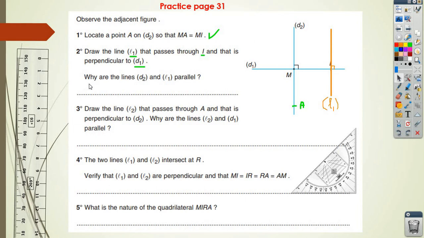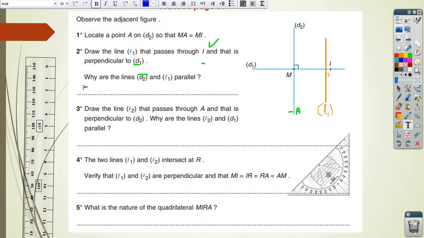The question is, why are the lines D2 and L1 parallel? What do I have to write here? Why are they parallel? Yes, excellent. Because two lines perpendicular to the same line are parallel.